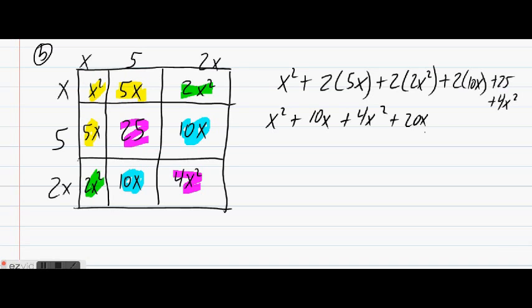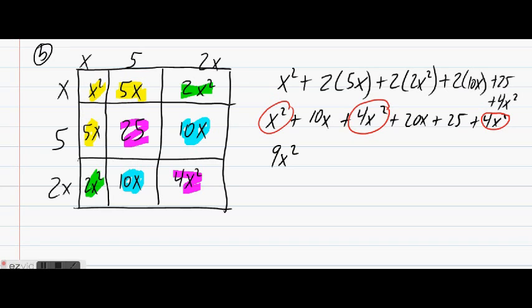Plus 20x. Plus 25. Plus there's a 4x squared. Alright. Now that we cleaned it up, combine like terms. 1x squared plus 4x squared gives me 5x squared. 5 plus 4 more gives me 9x squared.